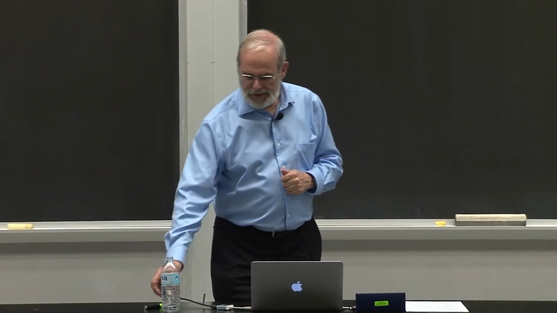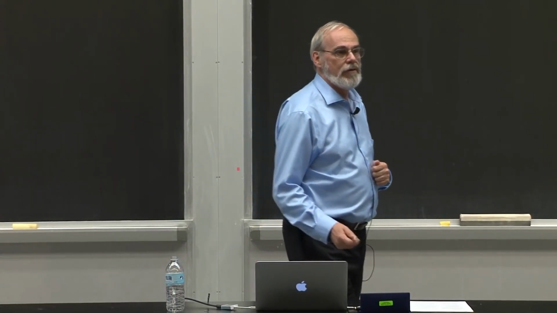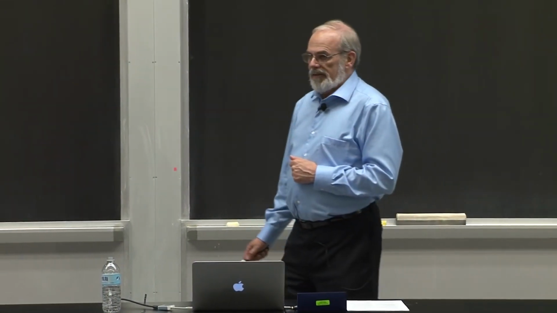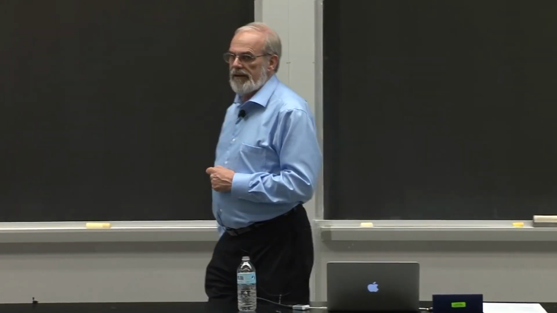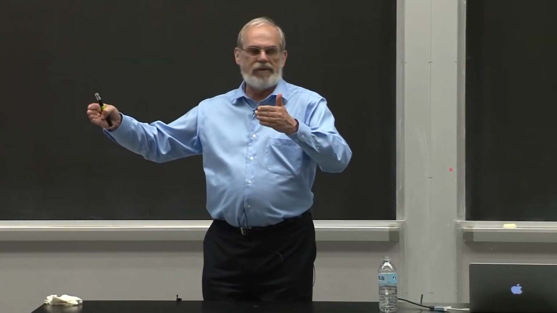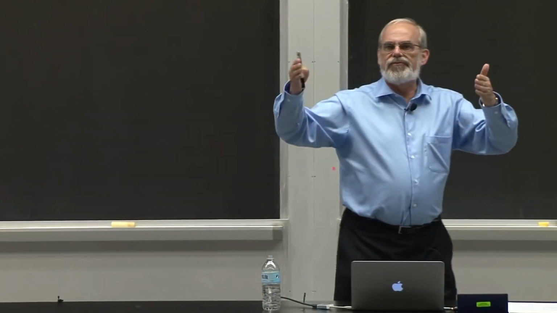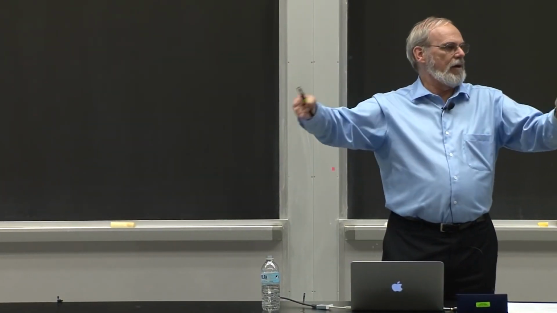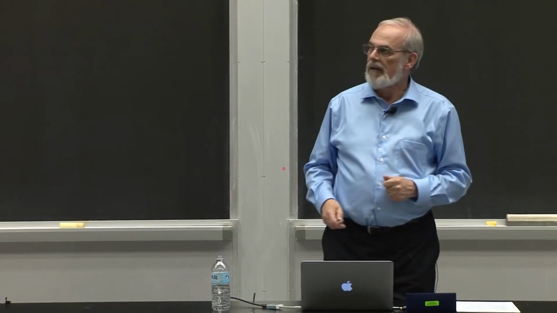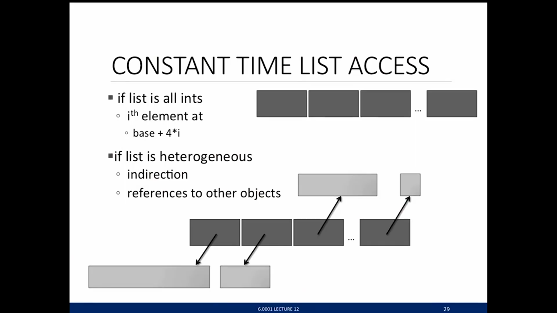Well, it gives me a chance to point out something that Python does very effectively. Not all languages do. But think about a list. Suppose I've got a list that's all integers. I'm going to need some amount of memory to represent each integer. So if a byte is 8 bits, I might reserve 4 bytes or 32 bits to cover any reasonable sized integer. When I represent a list, I could simply have each of them in turn. So what do I need to know? I'm going to allocate a particular length, say 4 bytes, 32 sequential bits of memory to represent each integer.